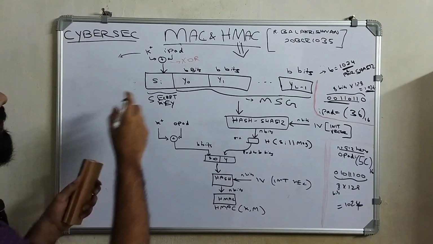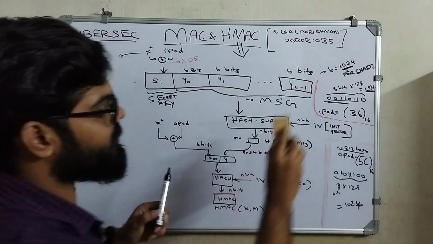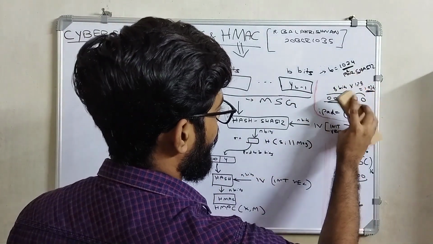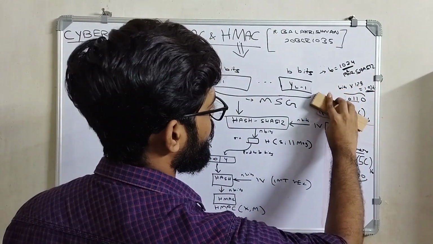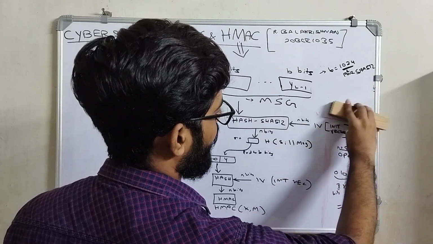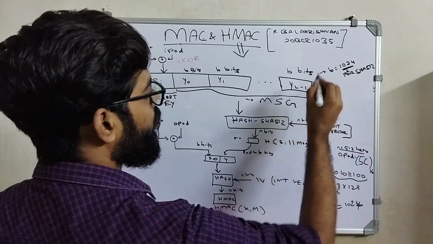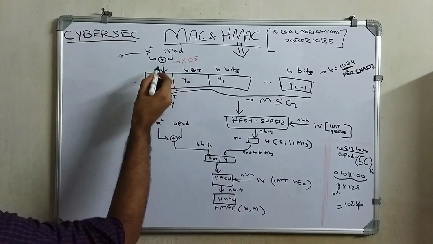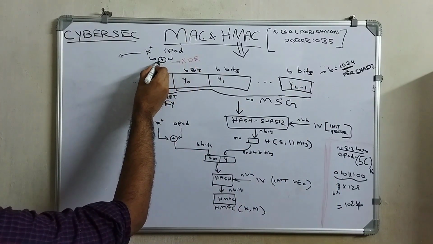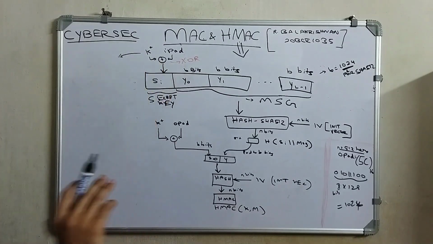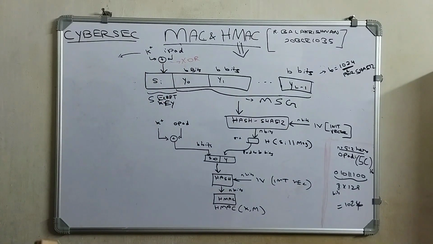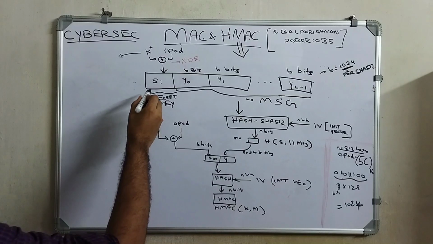So this is nothing but a secret key block. Let us erase that part so that it doesn't confuse us a lot. Before moving ahead, what is this operation, you may ask. This is nothing but an XOR operation that we are doing. And what is this block?